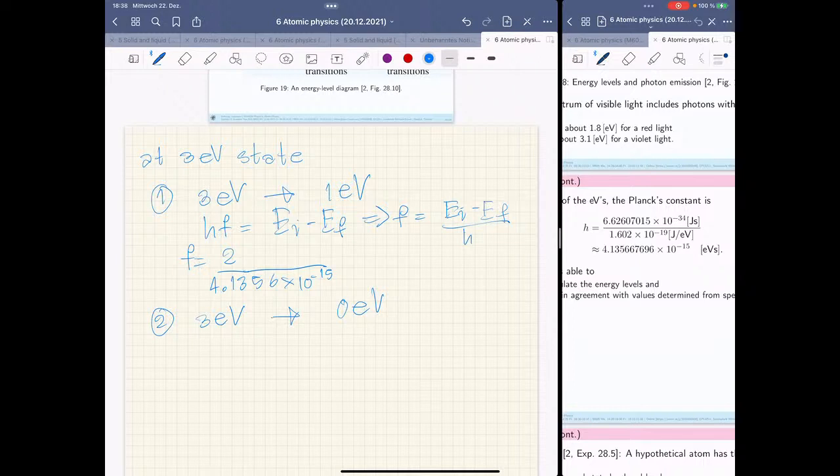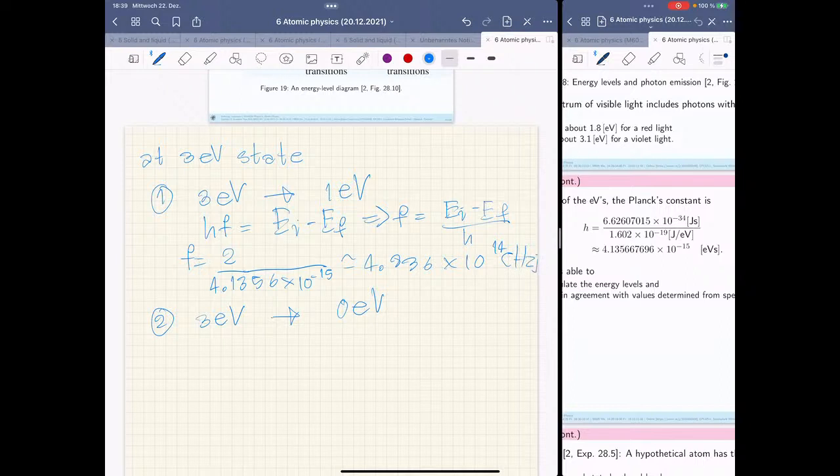Put it into the calculator: 2 divided by 4.135667696 E minus 15 is approximately 4.836 times 10 to 14 hertz.